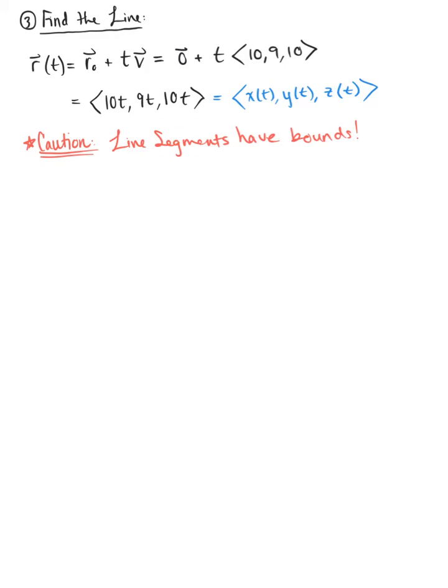We'll need to think of 2 cases, one for each point. Case number 1, we need to think about the point (x, y, z) being defined as point A, which was simply the origin. Now we are going to equate the parametric equations to their corresponding components to solve for t.